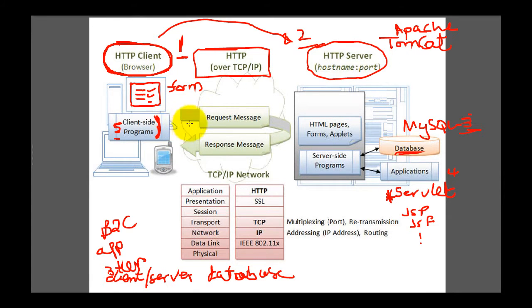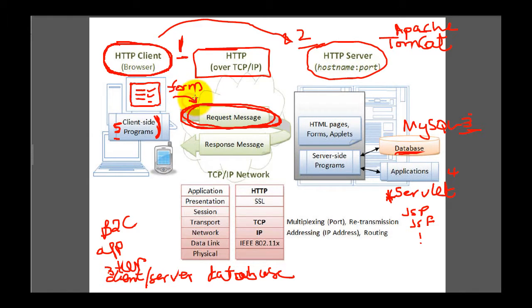So the form, once we click submit, what the browser will do, it will bundle the request message together, and inside this message is going to include our form fields.